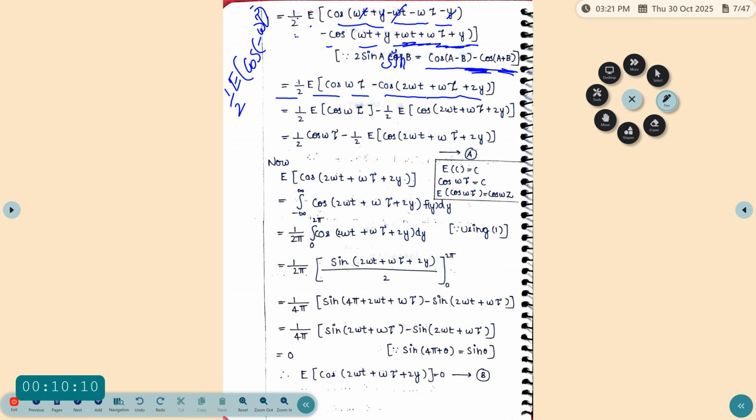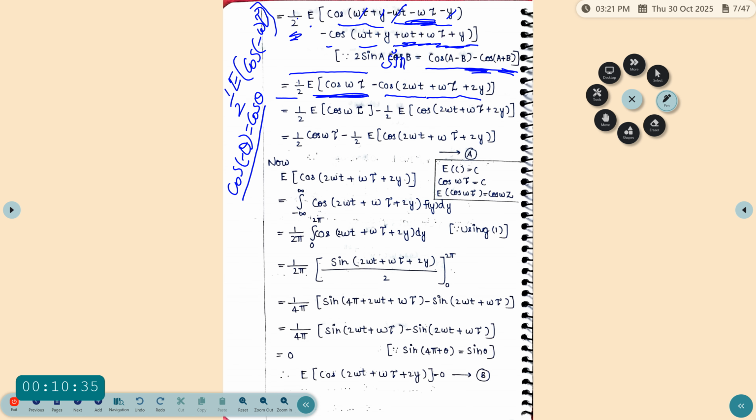We know that cos of minus theta equals cos theta, so we get 1 by 2 into the expectation of cos omega tau.